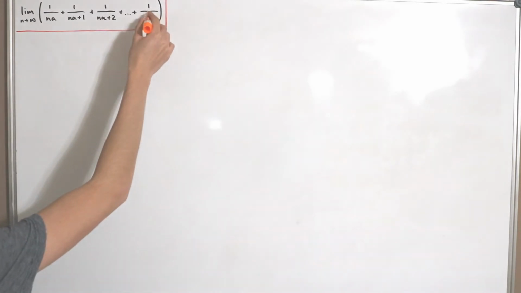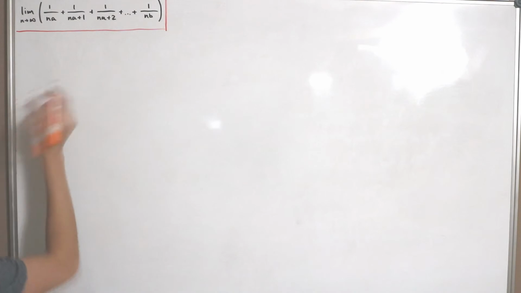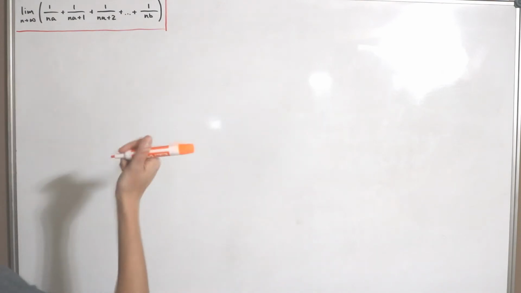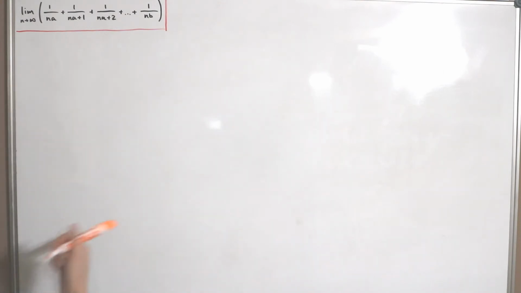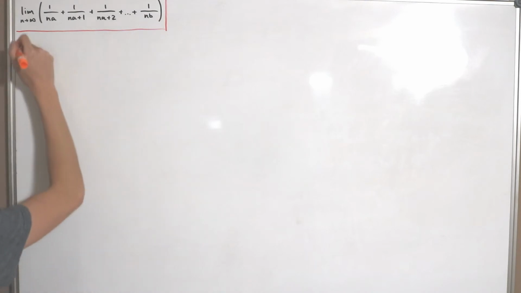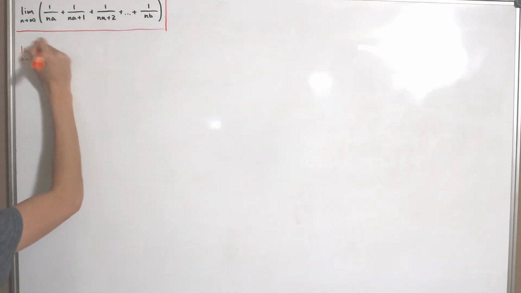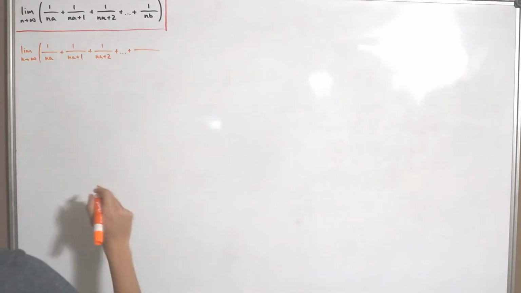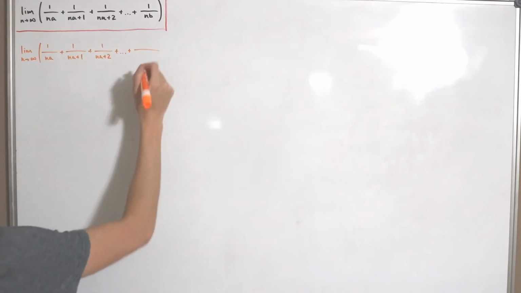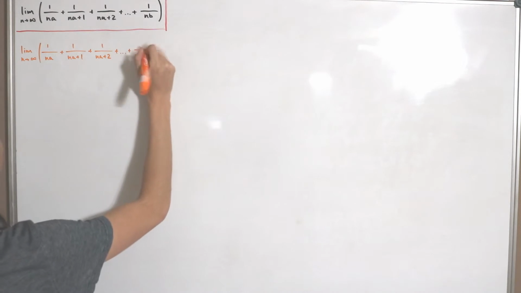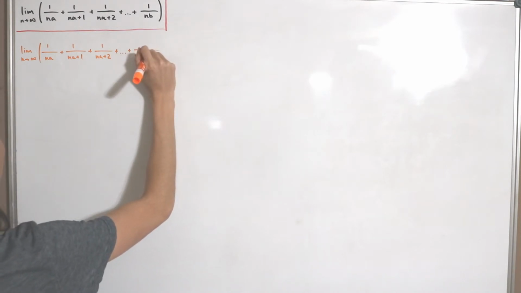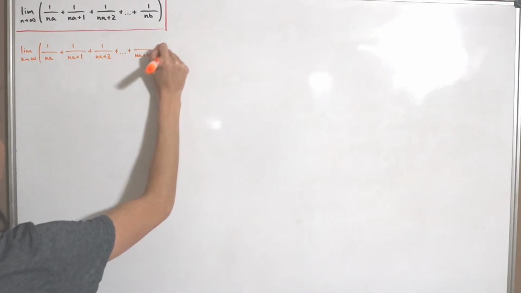From our last term of the sum, I want to rewrite the denominator differently. I want to add and subtract an n times a. So I'll get na plus n times b, then subtract na.